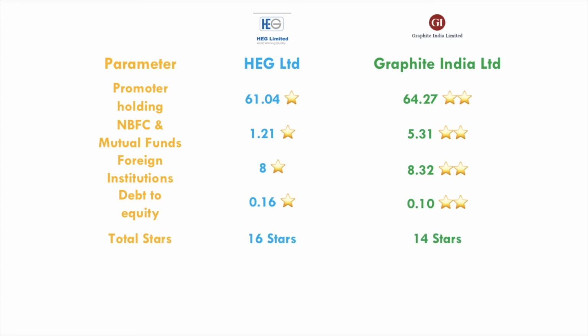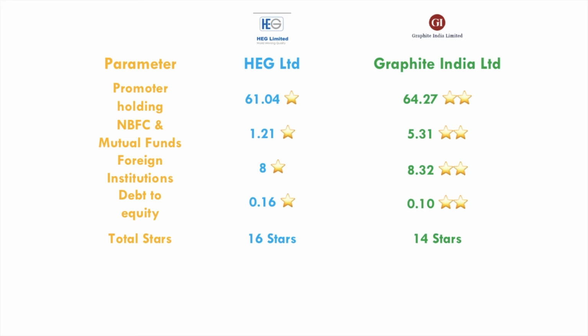My suggestion would be not to get in immediately after seeing the PE and the returns. Wait and then decide. February 9th is the result date for HEG. HEG will be announcing its result on 9th of Feb, and Graphite India has not yet given its date.